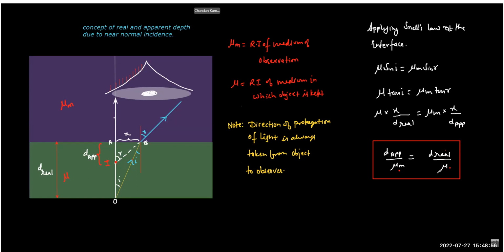So that's how the answer is. D apparent upon mu of observation is D real upon mu of object. So just to remember, the D apparent upon medium of observation is the same as D real upon medium of object.